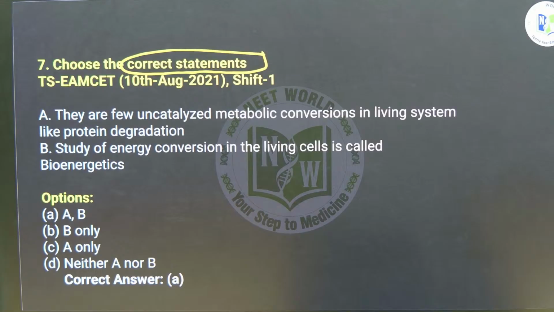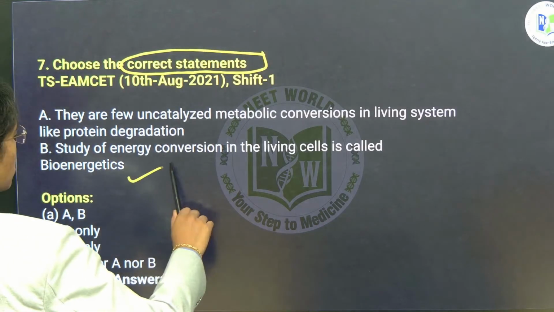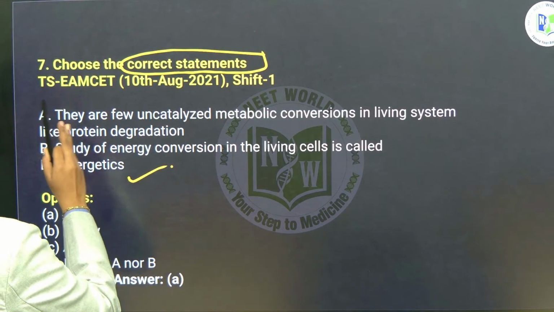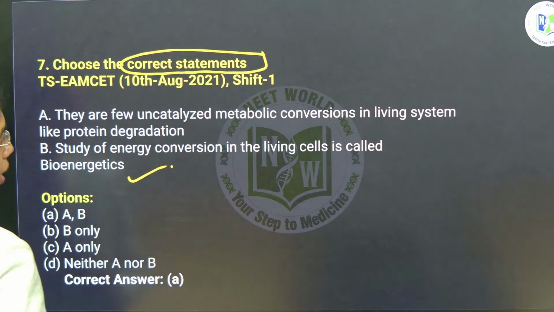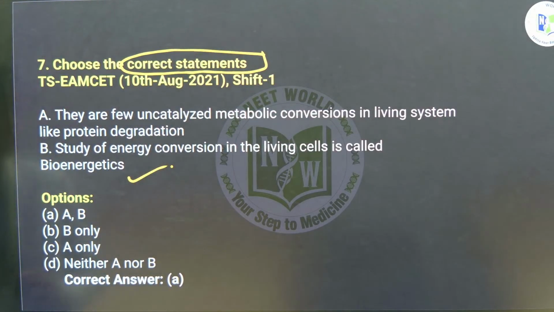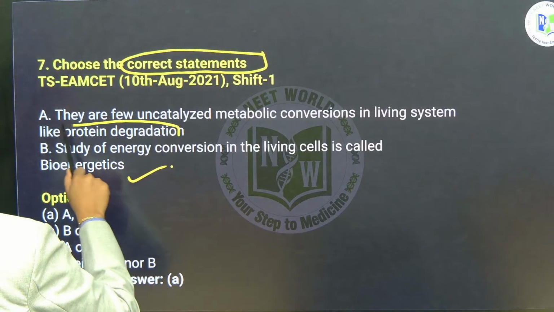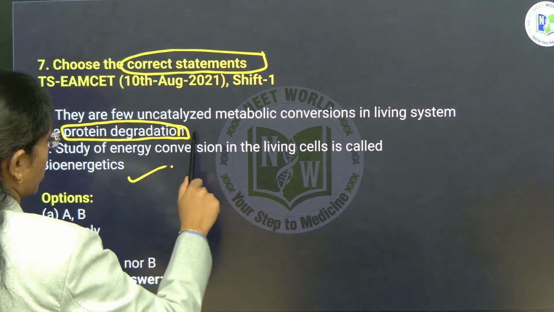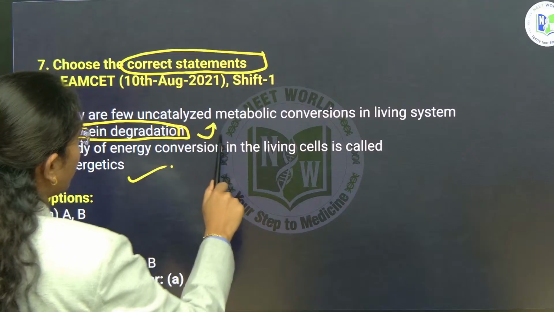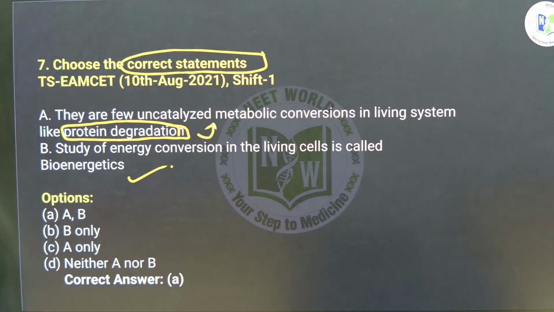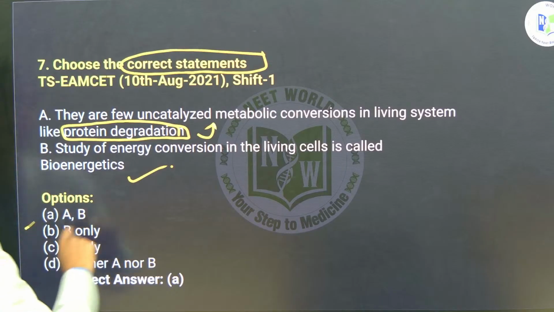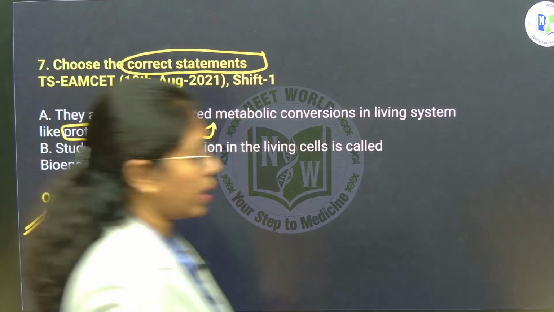Study of energy conversion in living cells is called bioenergetics. This is correct. One such example of an uncatalyzed metabolic reaction is protein degradation. So here both A and B, both the statements are correct only. Next.